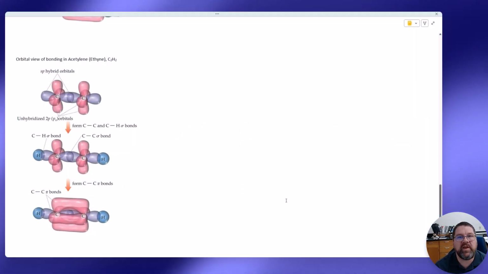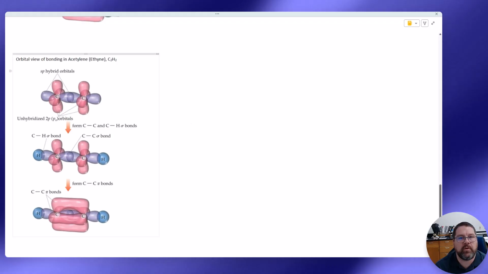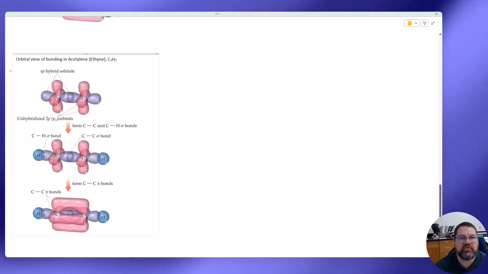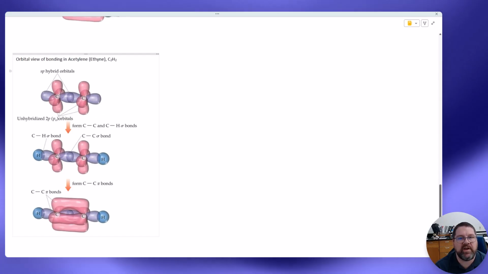If we look at the space filling diagram for acetylene or ethine, C2H2, we can see that the 2 sp hybrid orbitals on the carbons are overlapping end to end to create the sigma bond. There are also 2 unhybridized p orbitals on axes that are perpendicular to that internuclear axis, or bond axis.